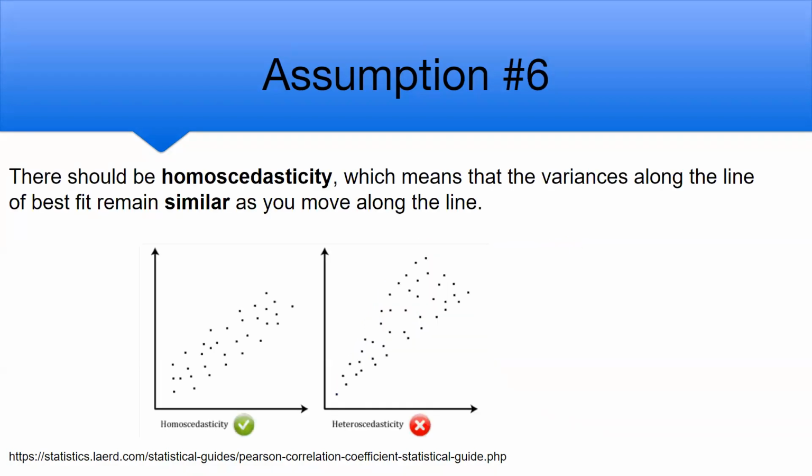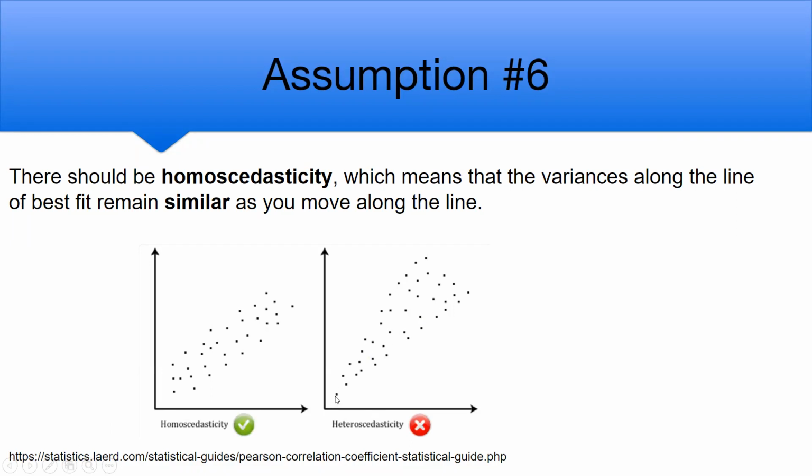The sixth assumption is homoscedasticity, which means that the variance along the line of best fit remains similar as you move along the line. If you could see like this, if this is your data point, there is homoscedasticity. But here there is what we call heteroscedasticity. Why?